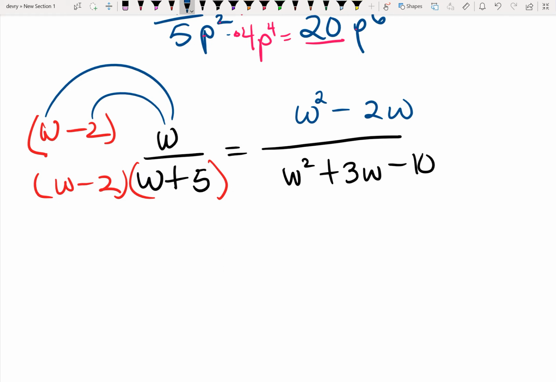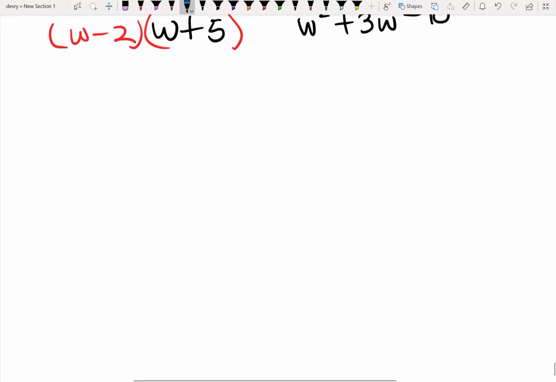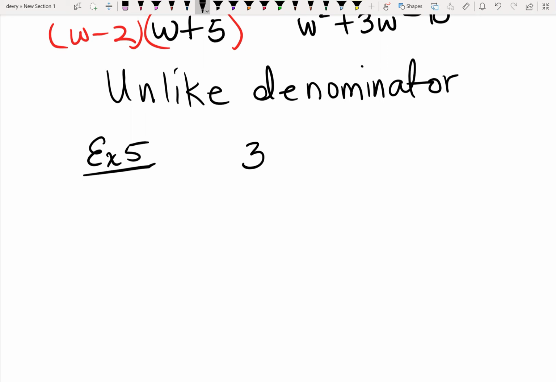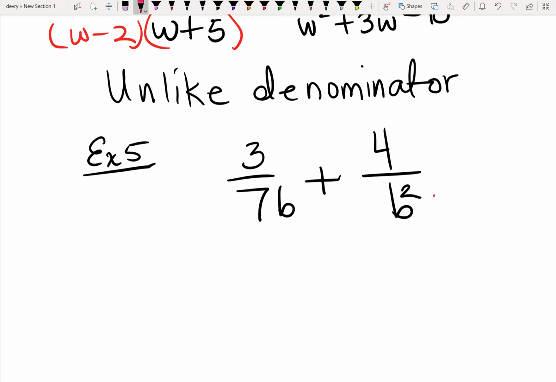Okay, and now what about when it's unlike? We've been doing like denominators. What about when it's an unlike denominator? Alright, in that case, I'm looking at example 5. In example 5, I have 3 over 7b plus 4 over b squared. Case in point, to make these equivalent values, well, first of all, on this side, I need to multiply by 7.